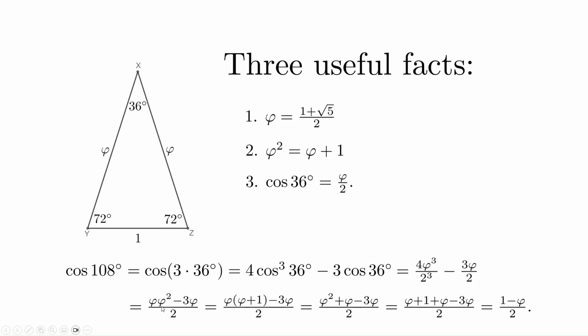Phi cubed can be split into two terms, phi times phi squared. And then we know phi squared will be phi plus 1. Multiply them out, we have another phi squared. It is phi plus 1 again, and we end up with 1 minus phi divided by 2, which is a negative number.